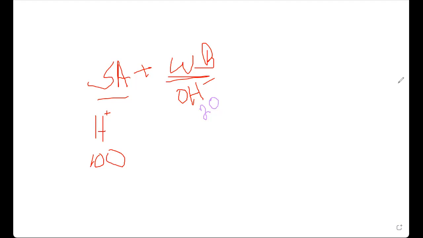H positive and OH negative together will give you a water molecule. Now see, there are 100 H positive ions, but there are only 20 OH negative ions. So 20 OH negative ions will react with 20 H positive ions and they will give you 20 water molecules. All the OH negative ions will disappear now because 20 OH negative ions have been converted into water molecules.